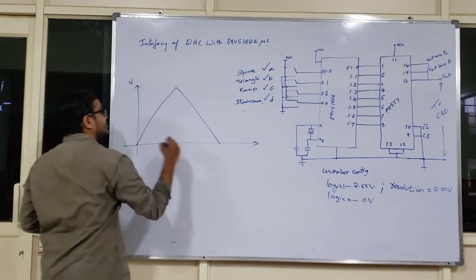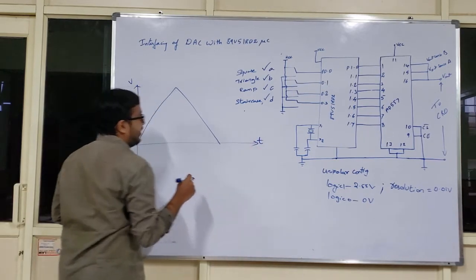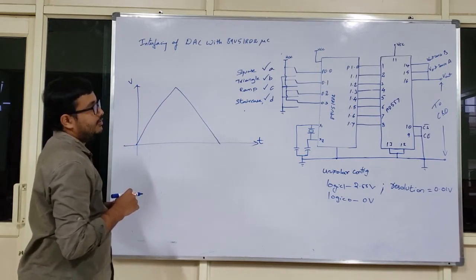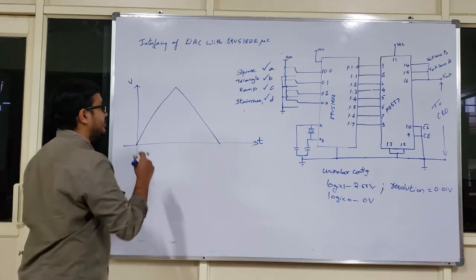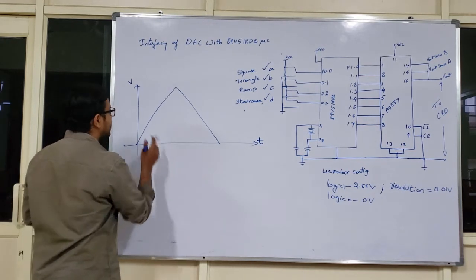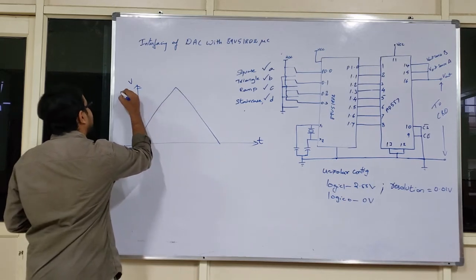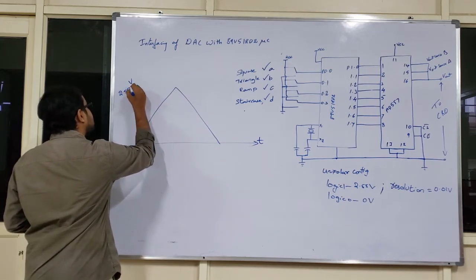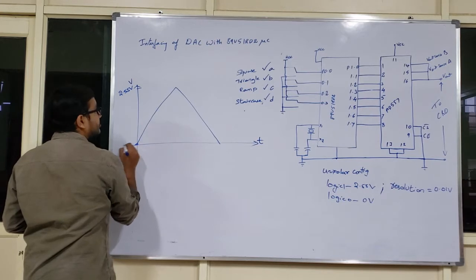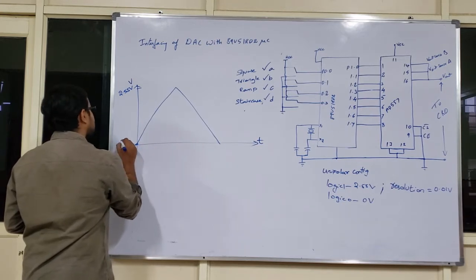This is my voltage axis, this is my time axis. As I have mentioned here, the resolution of your 8557 is 0.01 volts, the highest voltage of your triangle is logic 1, that is 2.55 volts, and the valley point of your triangle is 0 volts.